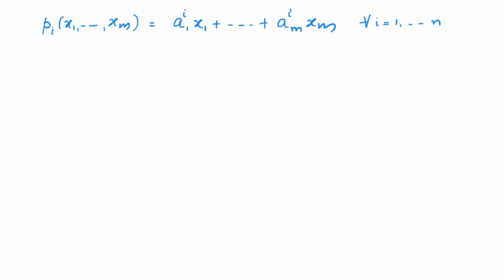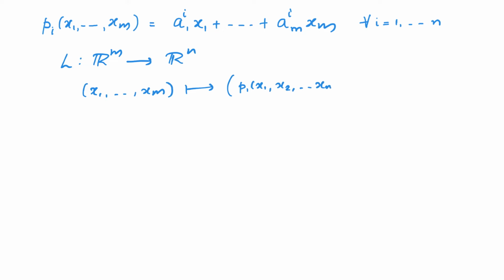As with theorem 1, theorem 3 also tells us something about solutions to systems of linear equations. Given these polynomials, we can consider a function L from Rm to Rn defined as x1, x2, x3, etc. up to xm is mapped to P1 of x1, x2, etc. up to xm, and so on up to Pn of x1, etc. up to xm.